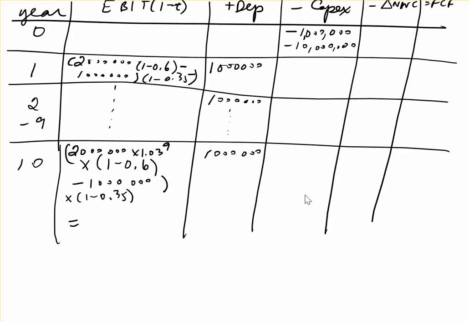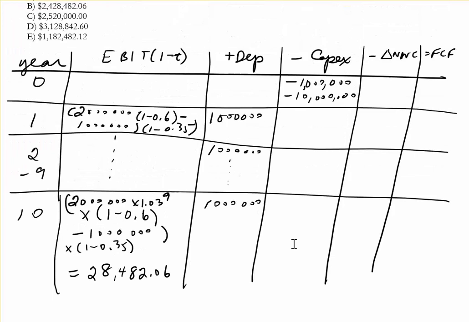So all of that will be $2,848,000. I'm sorry, not 2 million. Misread the decimal, the number is 28,482.06. Alright, let's go back to the information now.